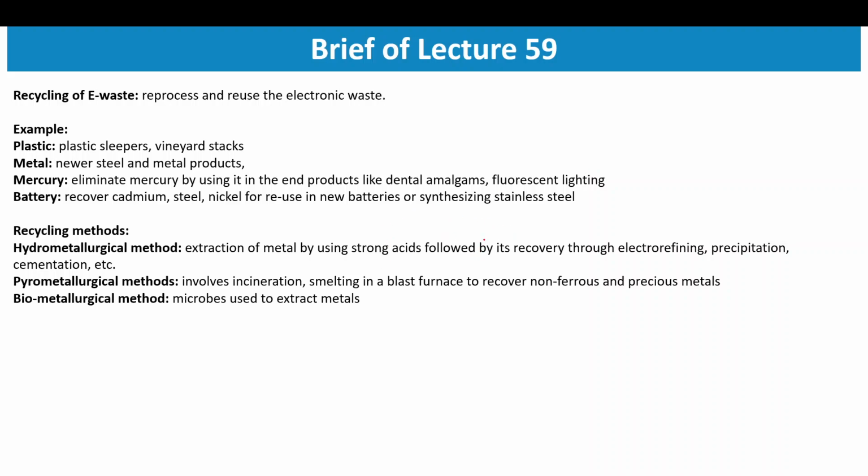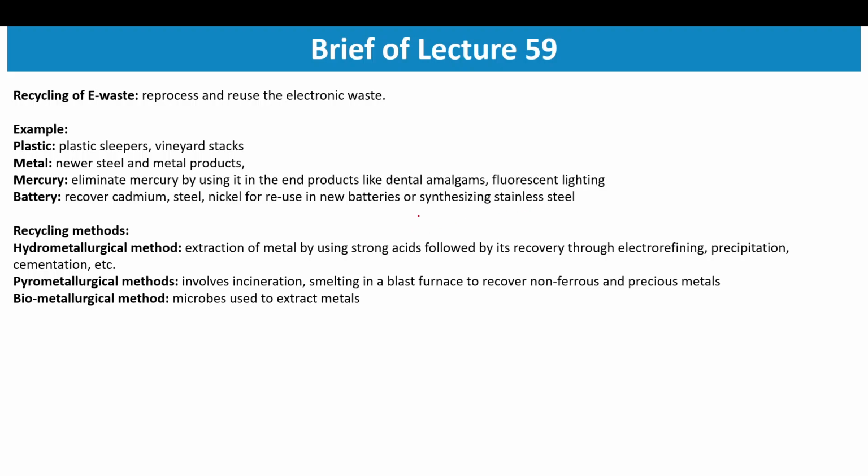You are segregating, separating, and recovering the metals by using strong acids. Now, once you have done that, you can recover these metals and use them further. Okay, so recovery can be done through electrostatic precipitation, electro refining, cementation, etc.